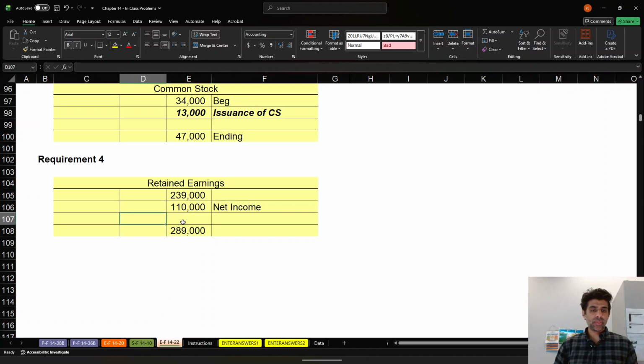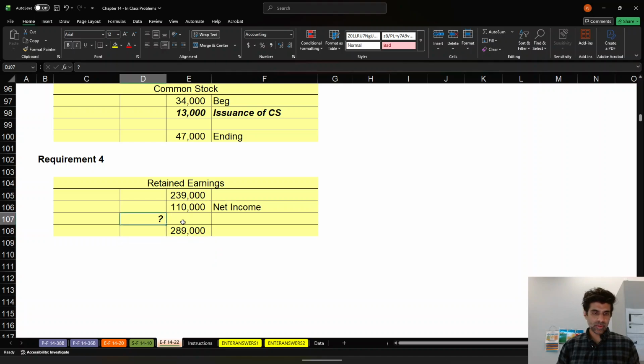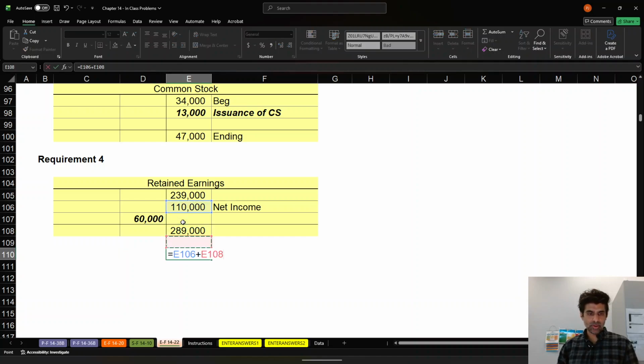So, as in a quiz, there's some missing debit. How do we figure that out? Well, we can just do this minus this, 60,000. Now let's verify this plus this minus this.